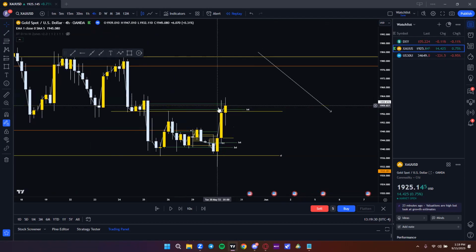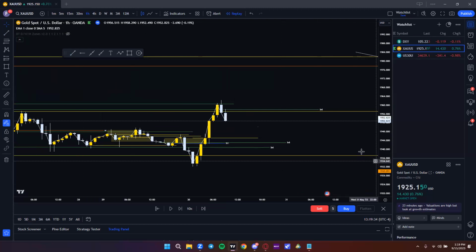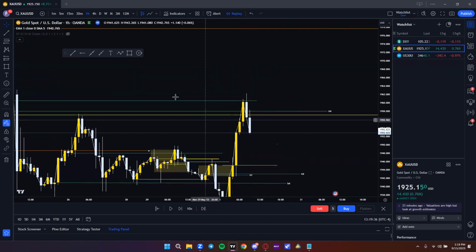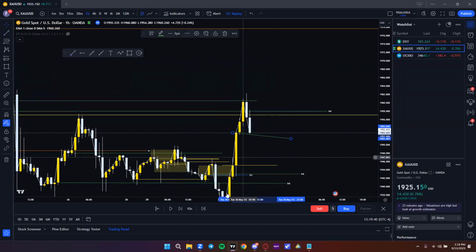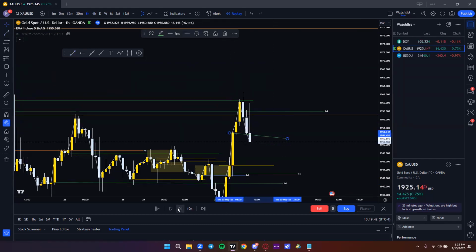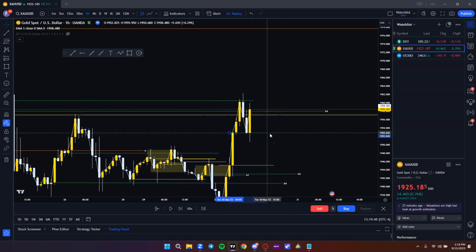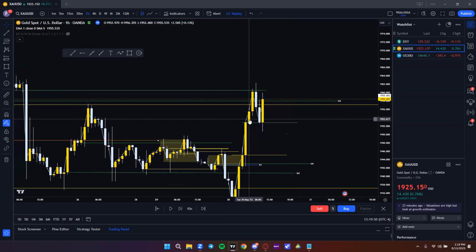So you could have taken this sell. It didn't hold. Let's see why it didn't hold. It found support here, and it found support there, right? Look, found support here.